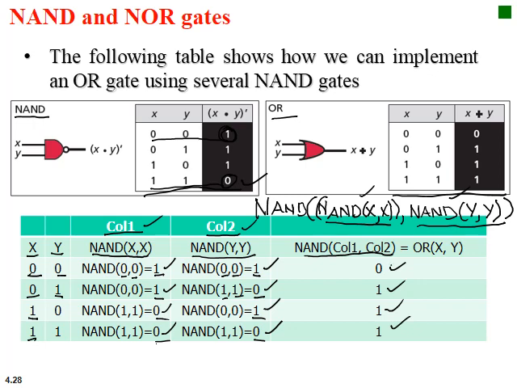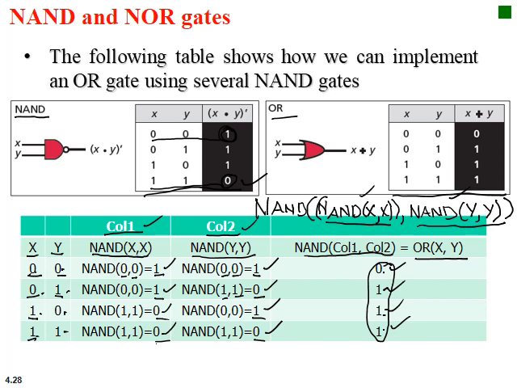And now if you look at what we have here, this is the actual result for the truth table of the OR function. OR X Y, so let's just do OR X Y. 0 or 0 gives us a 0. 0 or 1 gives us a 1. 1 or 0 gives us a 1, and 1 or 1 gives us a 1.